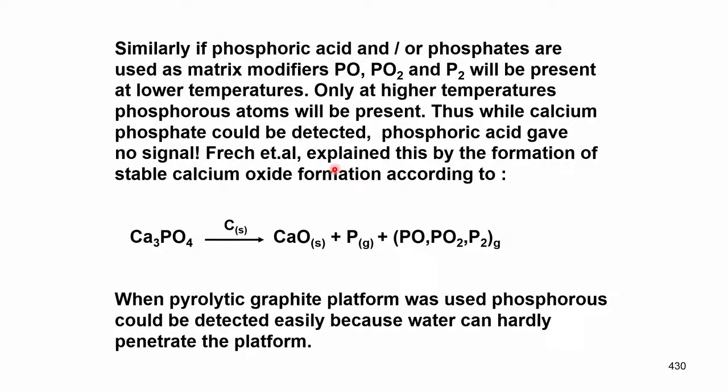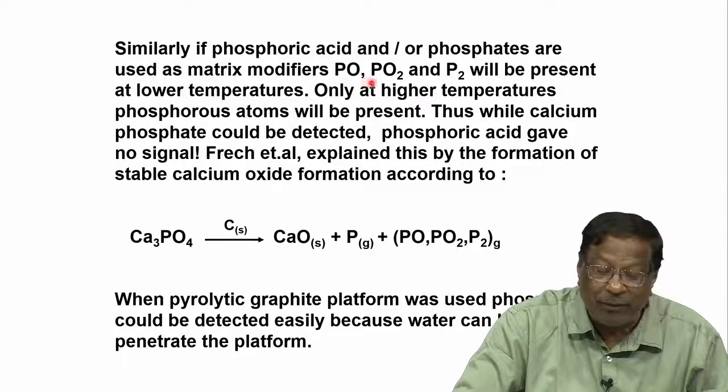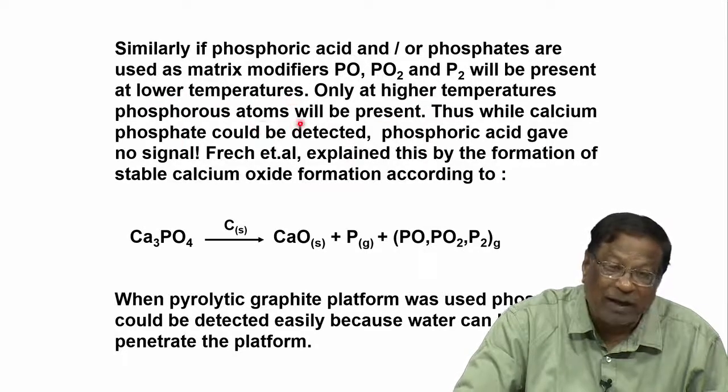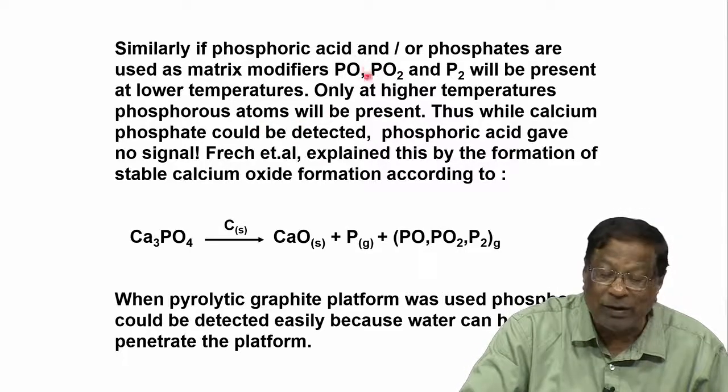Now, quite often we treat the samples with phosphoric acid. So, in that case phosphates are formed. Phosphates are used as matrix modifiers quite often. So, phosphorus oxides PO2 and P2 will be present at lower temperatures, but only at higher temperatures phosphorus atoms will be forming, because all these compounds will decompose.